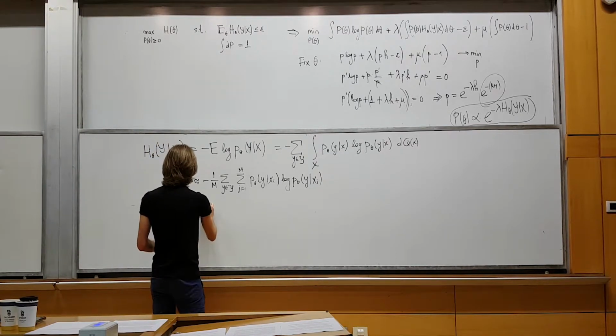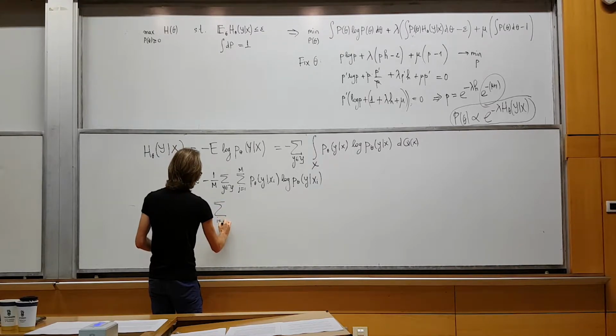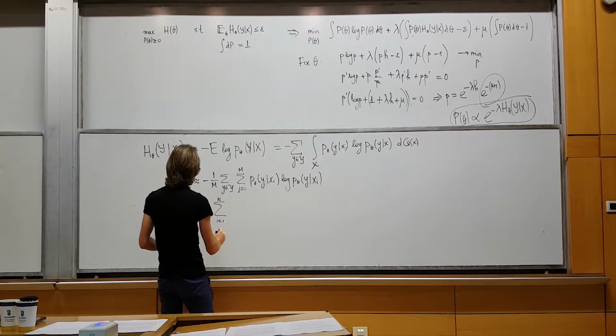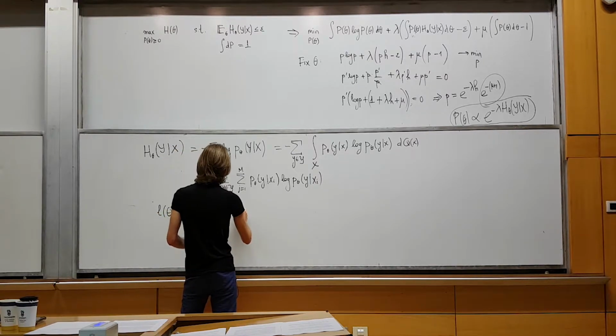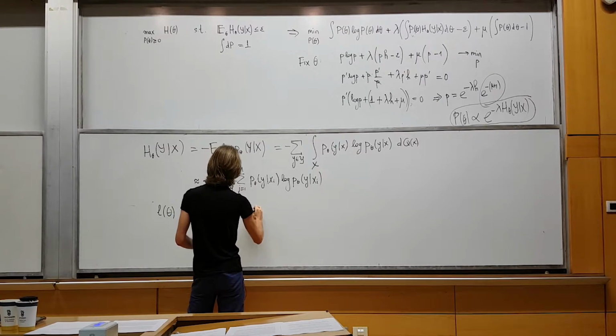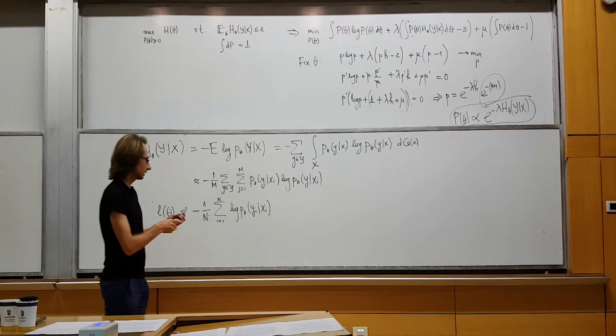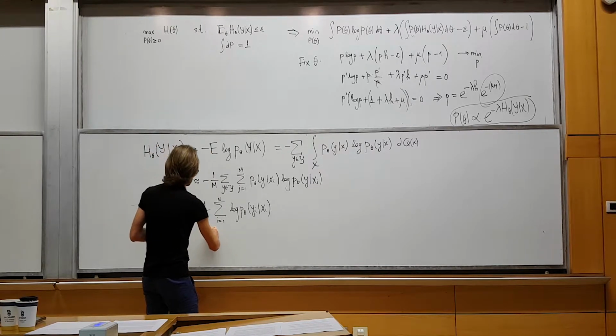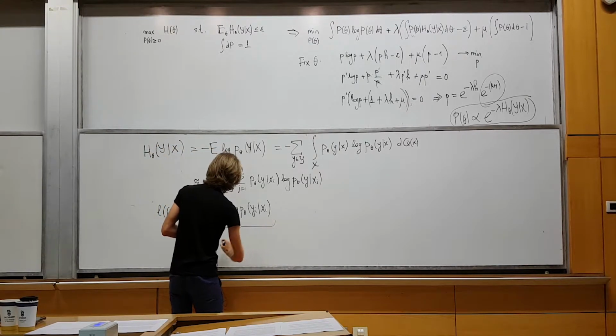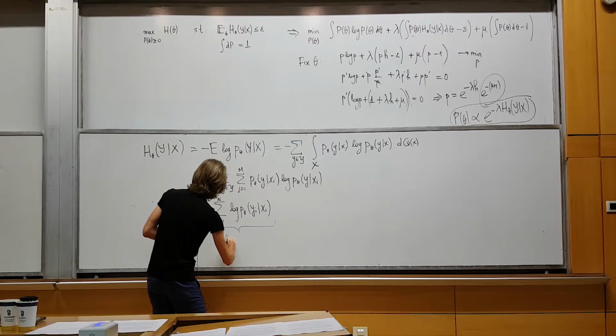It was minus 1 over n, sum i from 1 to n, log p theta, yi given xi. It was the labeled training set, yes. So this is the likelihood computed on labeled data.